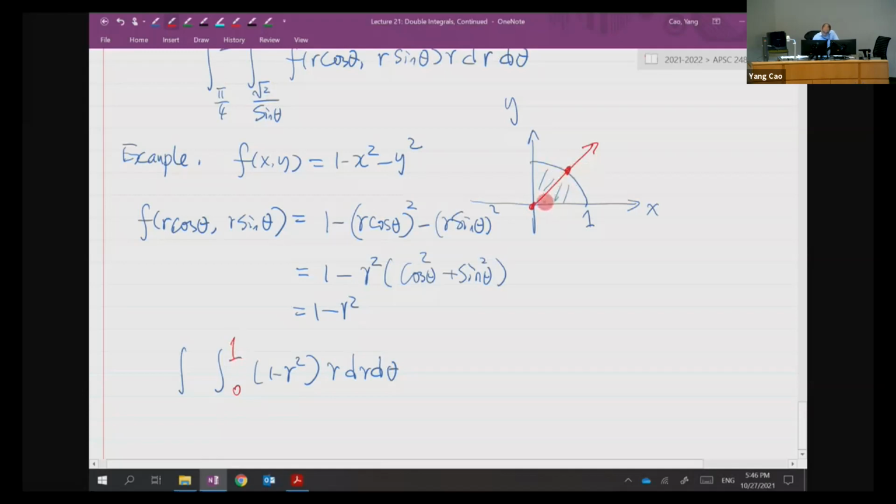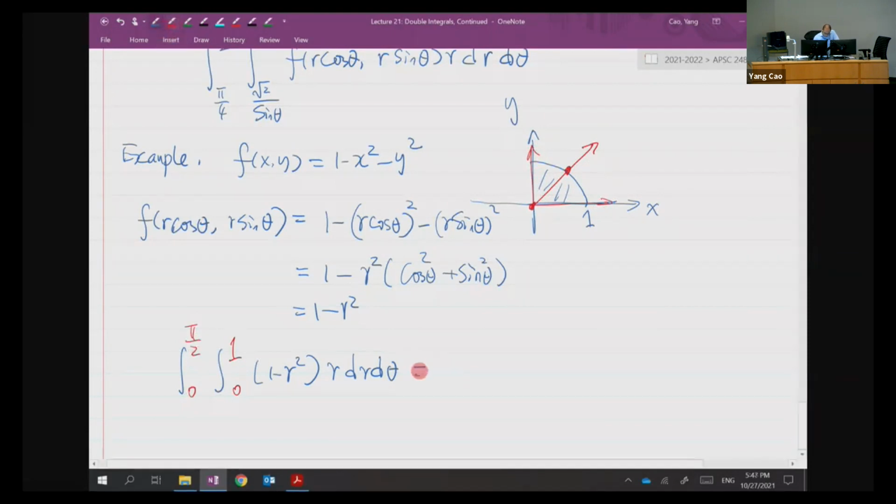Then you sweep this arrow line, sweep this reading line from one end to the other end, or from one edge to the other edge, and that gives you the theta min and theta max. So the first edge is right on the x-axis, so theta must be 0. The second edge is right on the y-axis, and that must be pi over 2. Right, so that's the whole setup.